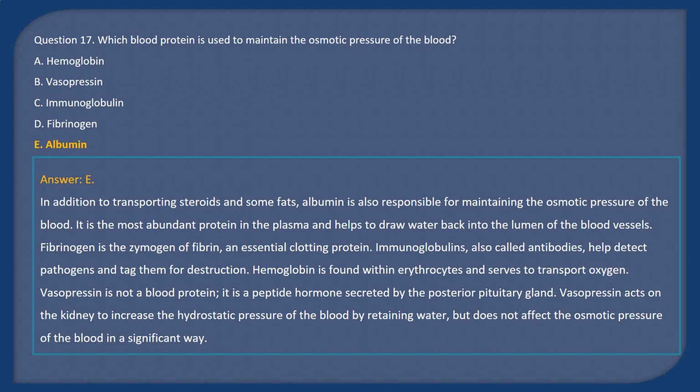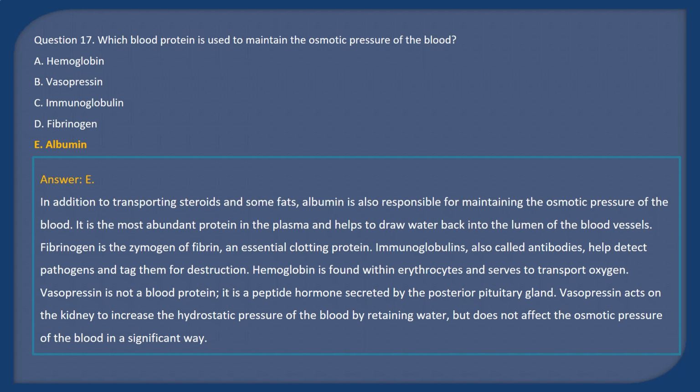Answer E. In addition to transporting steroids and some fats, albumin is also responsible for maintaining the osmotic pressure of the blood. It is the most abundant protein in the plasma and helps to draw water back into the lumen of the blood vessels.